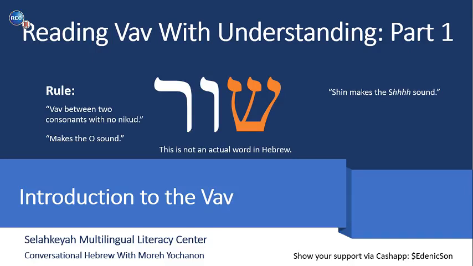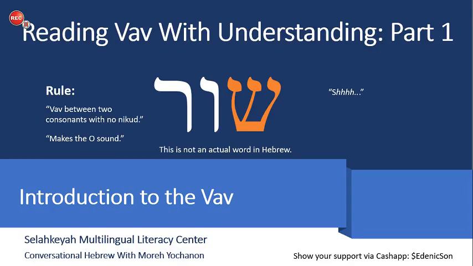Now the Shin, which is orange now, the Shin makes the sh sound. The Vav makes the O sound. And last but not least, the Resh makes the R sound.